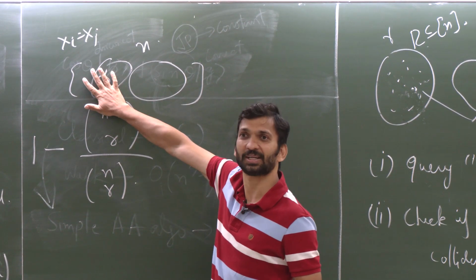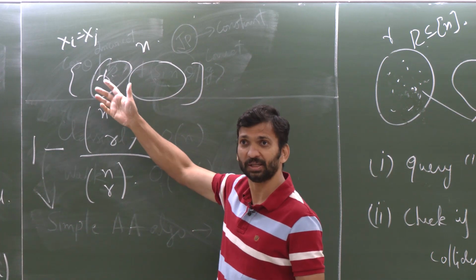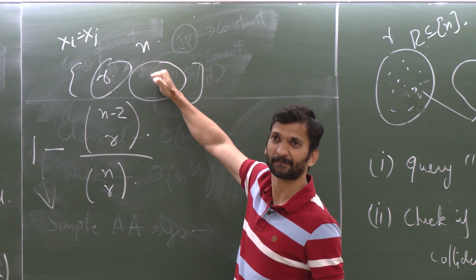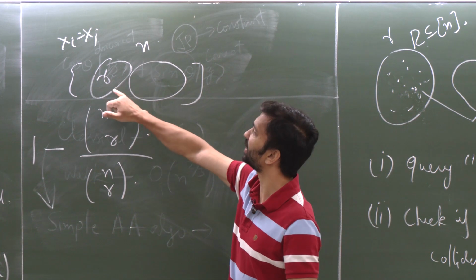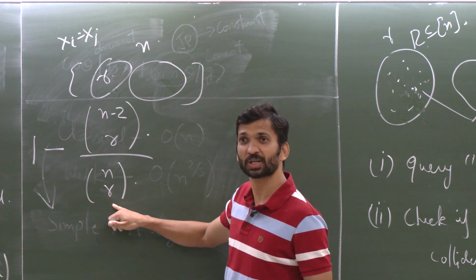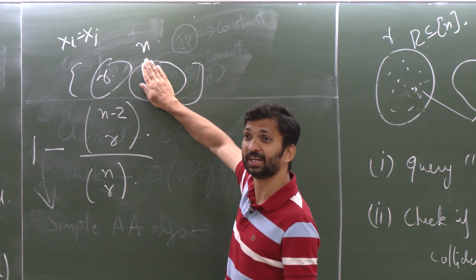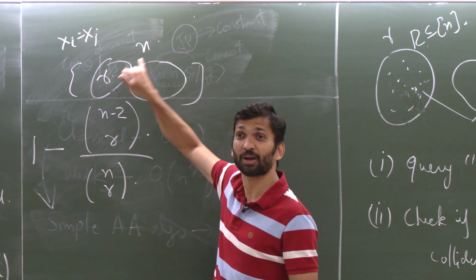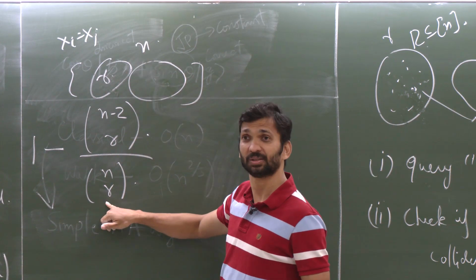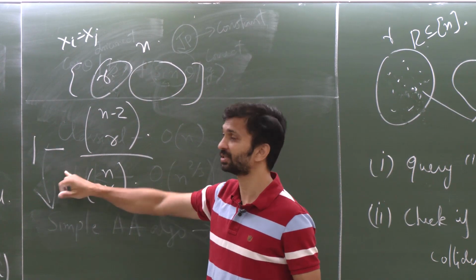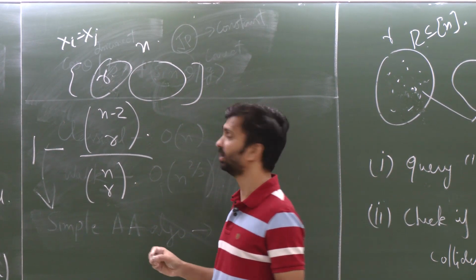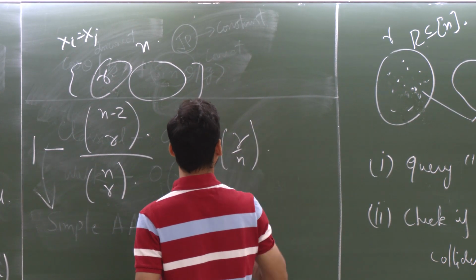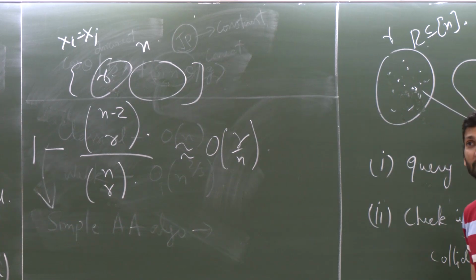Now I pick a random subset of size r. What is the probability that both i and j land here? In how many ways can I choose an r size subset? N choose r. If both i and j lie here, that means I will choose this r from n minus 2 elements. This is my failure probability. This is my success probability. You can check, it is about r by n.